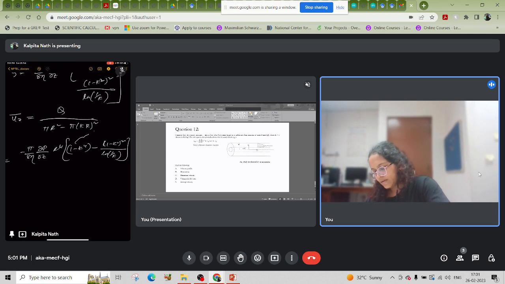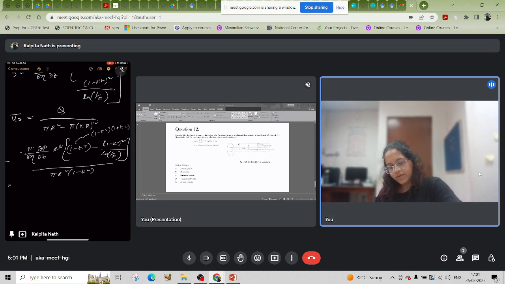This we can write as 1 minus kappa square 1 plus kappa square, upon pi R square 1 minus kappa square. So this 1 minus kappa square and this 1 minus kappa square cancel out.